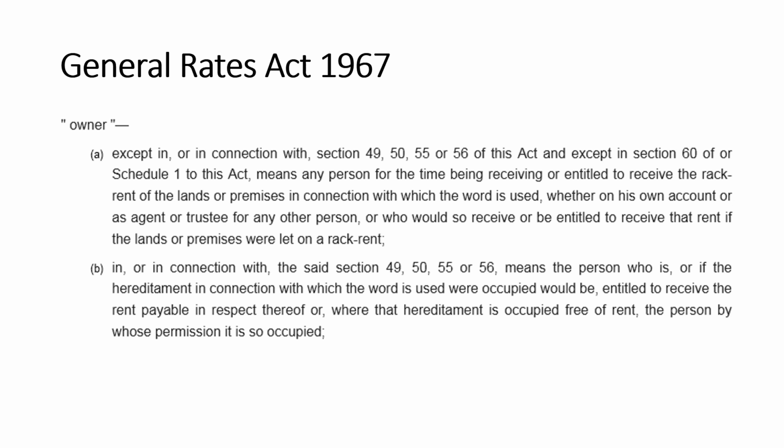Again, if we go back to the General Rates Act 1967, owner, except in conjunction with Sections 49, 50, 55, and 56 of this Act, and Section 60 of Schedule 1 of this Act, means a person for the time being receiving or entitled to receive the rack rent of lands or premises in connection with the words used, whether on his own account or as an agent or trustee for another person who would receive or be entitled to receive the rent if the lands or premises were let on a rack rent.